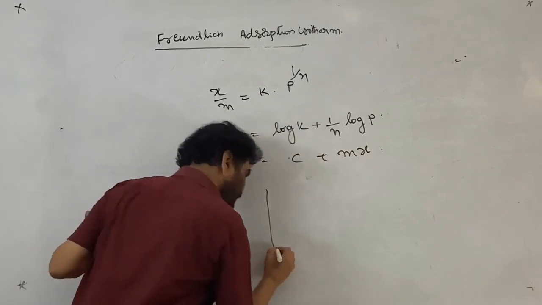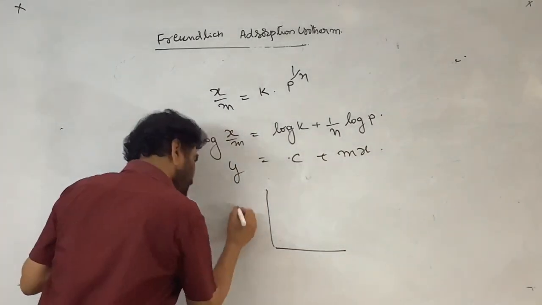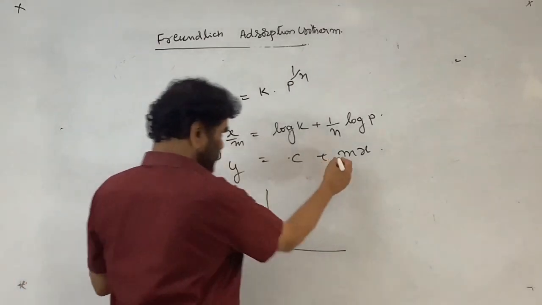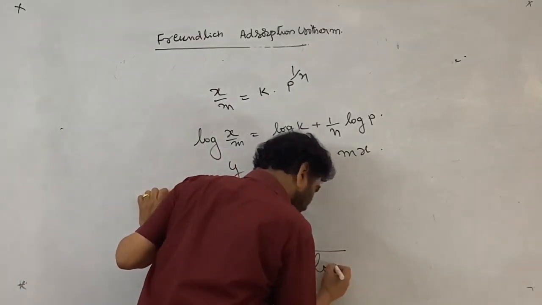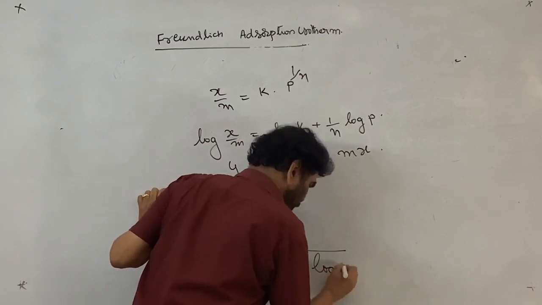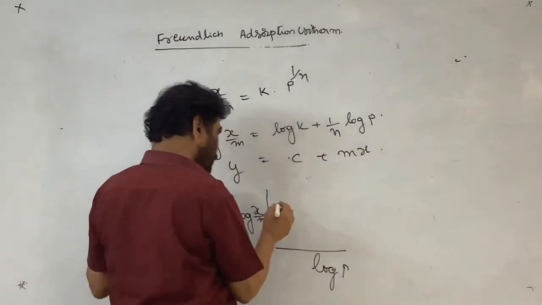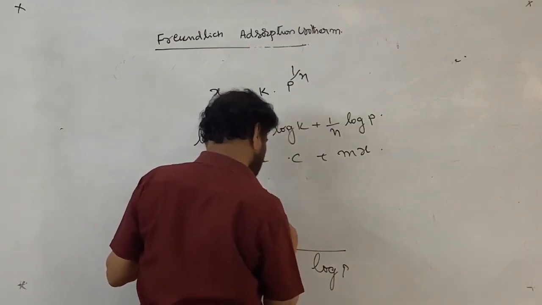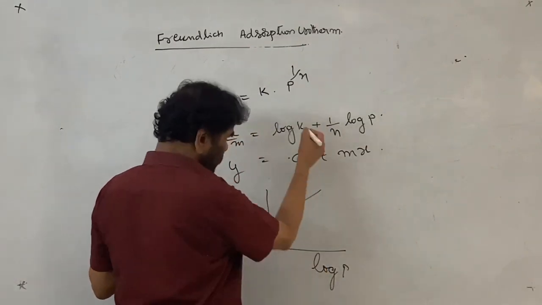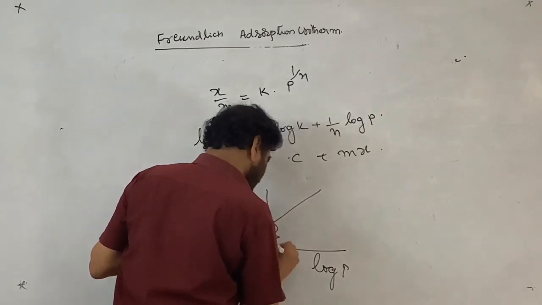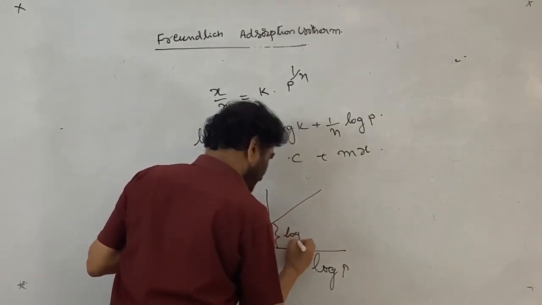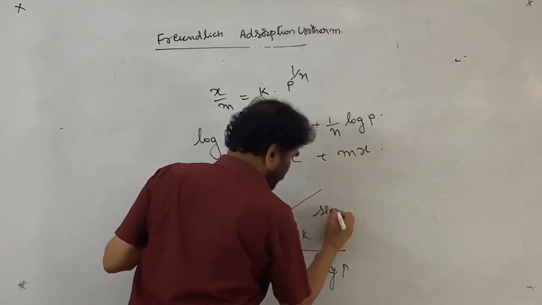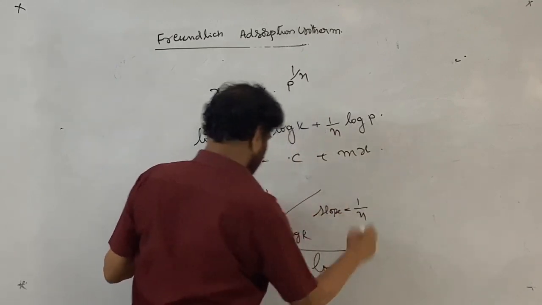In the other way, if you take log x by m along the y-axis and log P along the x-axis, the intercept is log k, and the slope is 1 by n.